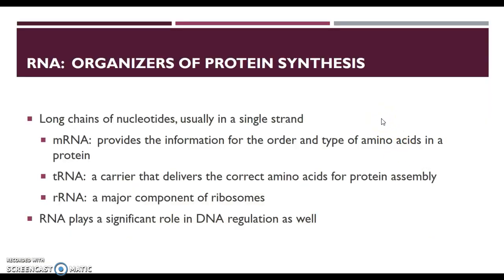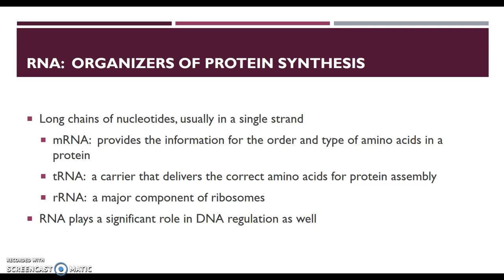Okay. So RNA, as I said before, is single-stranded, and there are 3 different types of RNA that we can find within cells. The first type is mRNA, or messenger RNA. Messenger RNA is produced within the nucleus of eukaryotic cells.